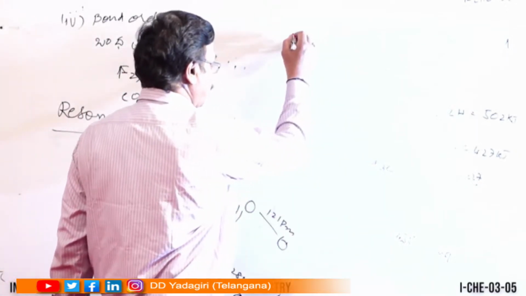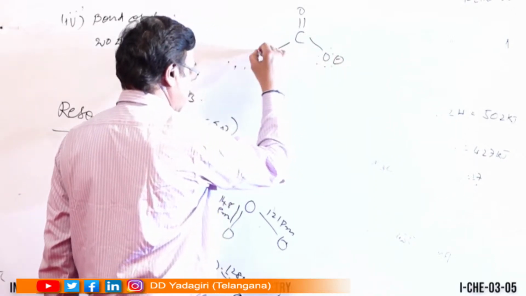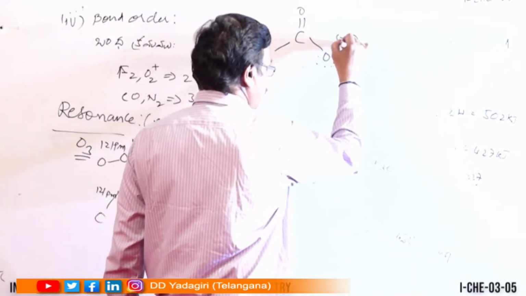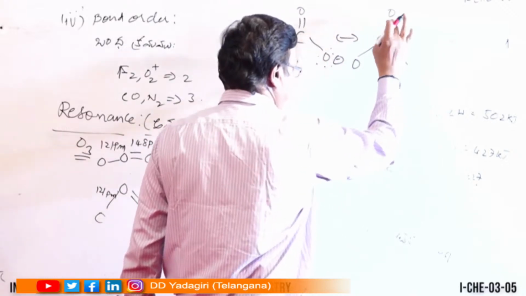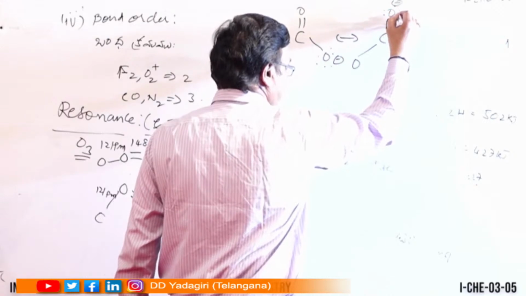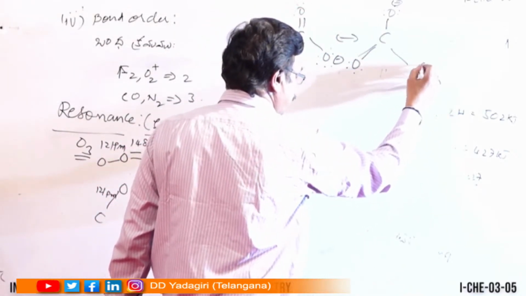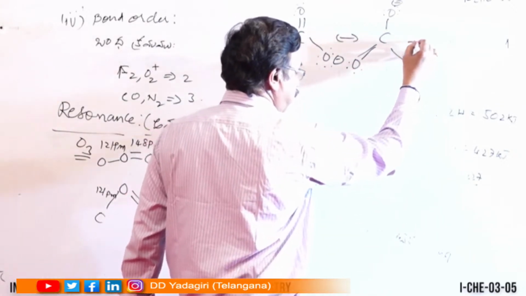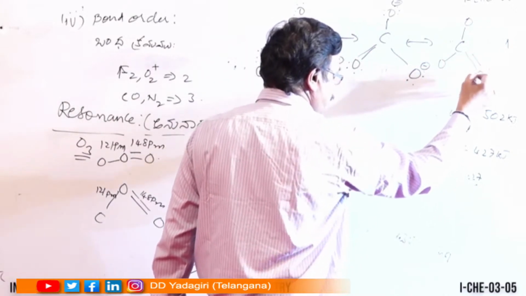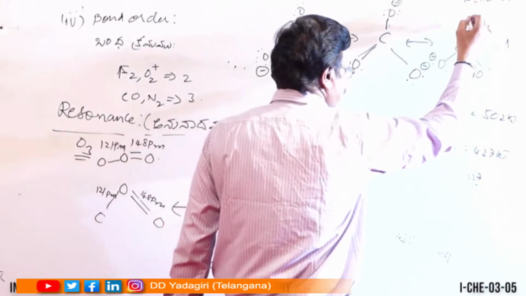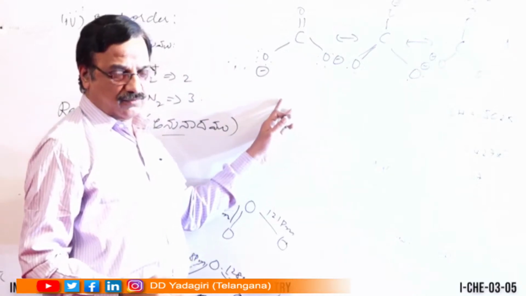Similarly, if you write the carbonate, these are the resonance hybrid structures of the carbonate CO3 2 minus.